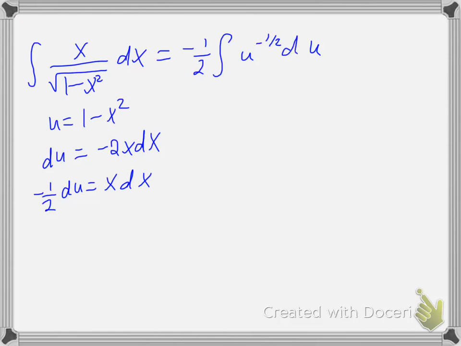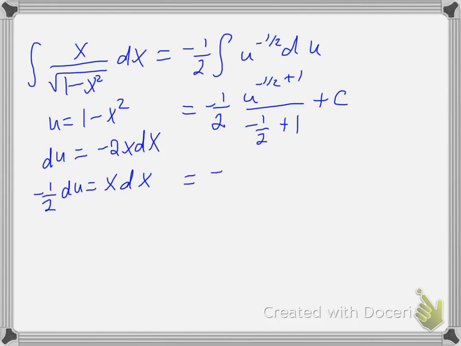Now, of course, we need to find the antiderivative. So this is going to be negative a half u to the negative a half plus 1 over negative a half plus 1, plus our arbitrary constant of c.